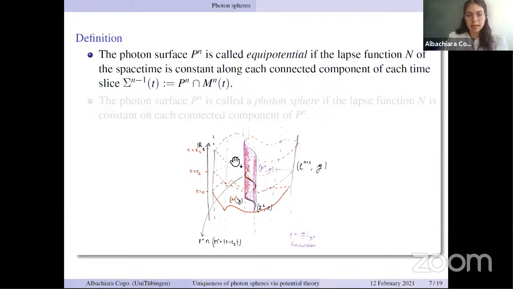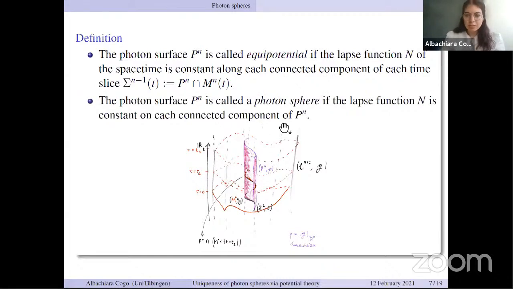Okay, so this Sigma here is such that the lapse function is constant on each connected component of it. And if the lapse function is constant regardless of the time we are fixing, so actually on the whole photon surface, or better in every connected component of it, then we have a photon sphere.